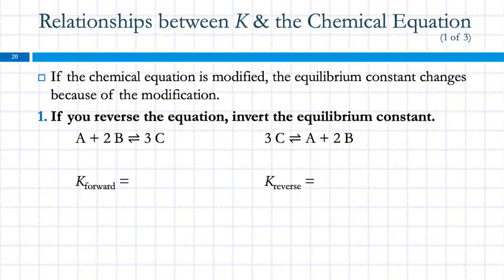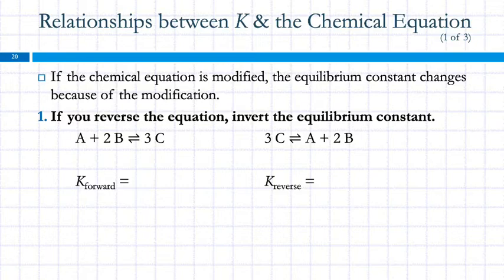Okay, so now we're getting to Spencer's question. So what if we do something to the chemical equation? The equilibrium constant has to change also. So this is a little bit like when we talked about Hess's law, and we take the equations and add them together, and if you reverse the reaction, you change the sign, and if you multiply by 2, you multiply by 2.